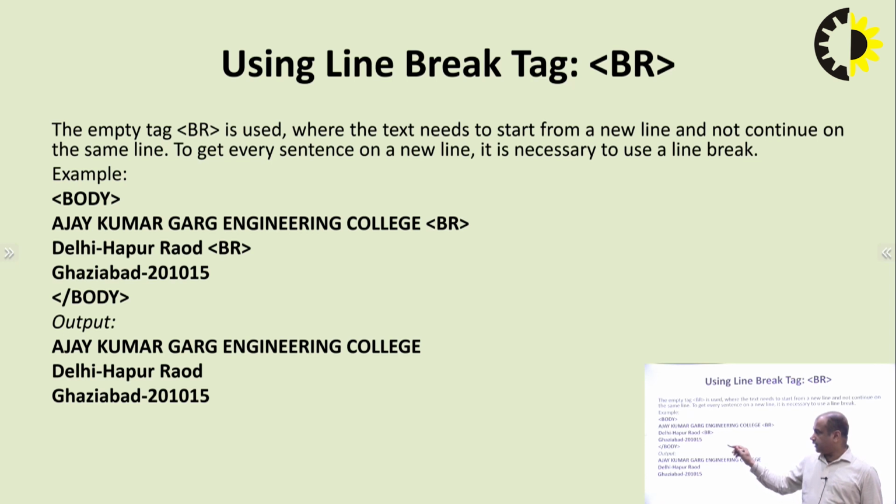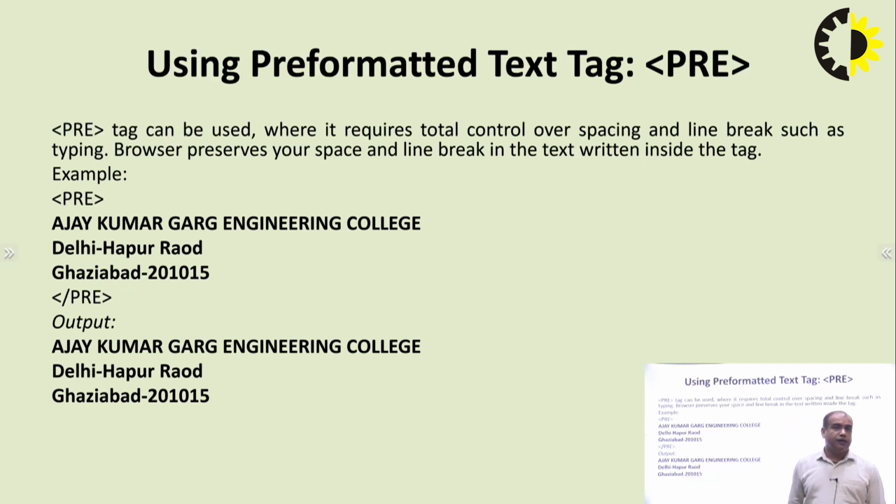Next Ghaziabad and pin, and the body tag is closed here. Once this text is executed on the web page, I will get the first line, next a line break, then the next line, and the third line will be written.